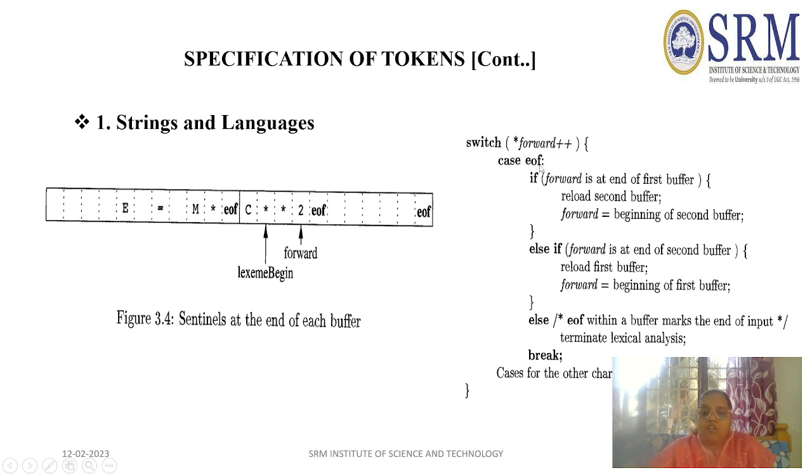So what this end of file case is going to do is check if the forward pointer is at the end of the first buffer.